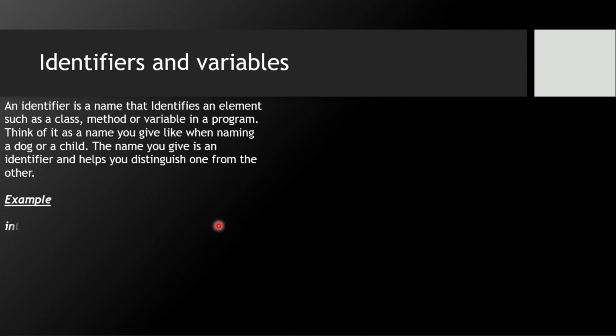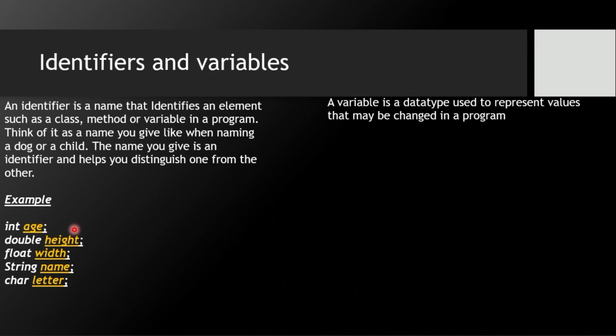So an example of an identifier is age, right? You declare age as an int, height as a double, width as a float, name as a string, letter as a character. Then a variable is used to represent values that may be changed in a program, right? You can change these variables depending on how you feel like changing your code.